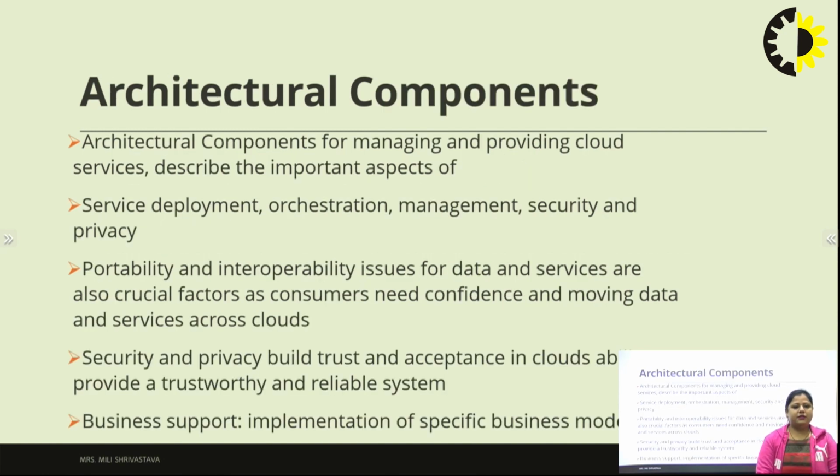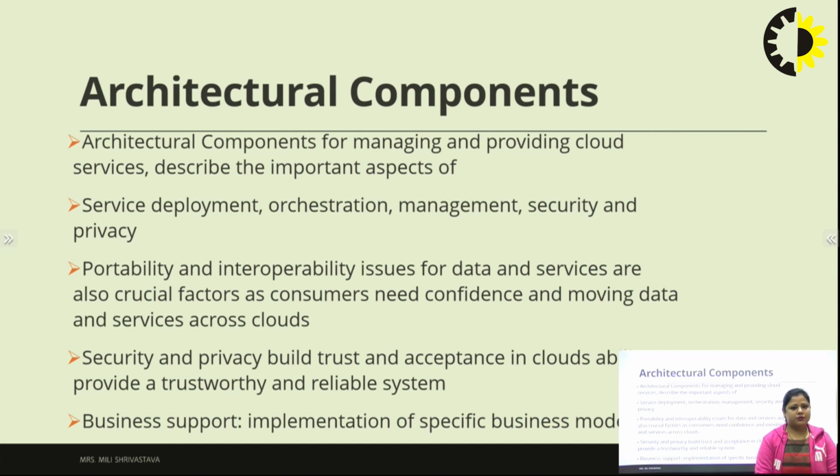Next is architectural component. So what are the architectural components? Architectural components for managing and providing cloud services describe the important aspects of the architectural system: service deployment, orchestration, management, security, and privacy.